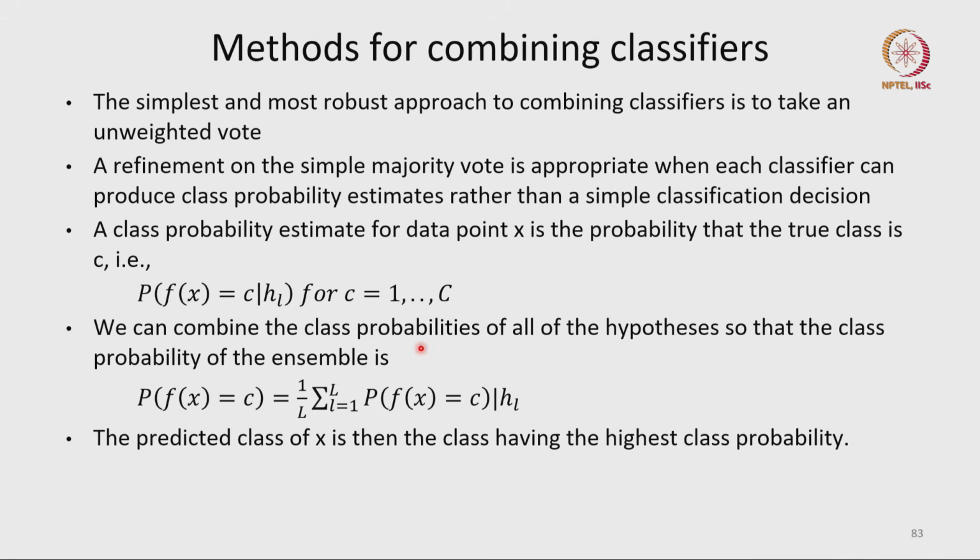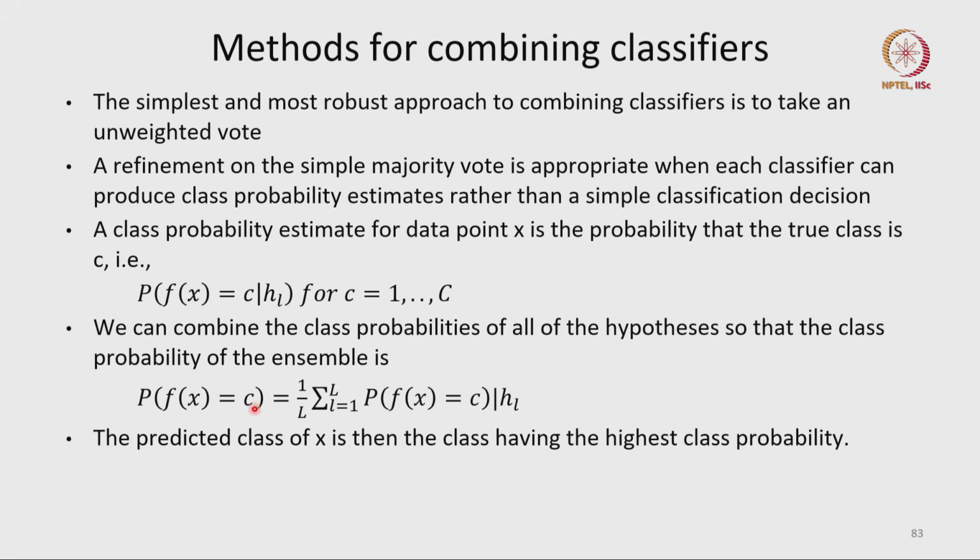We can combine the class probabilities of all the hypotheses to get the class probability of the ensemble. So, you will have this for H1, H2, H3, up to HL. For every hypothesis, you will have this probability for every class. Okay. So, for a particular class, the probability that it belongs to class C is obtained by combining all these values and taking an average. Okay.